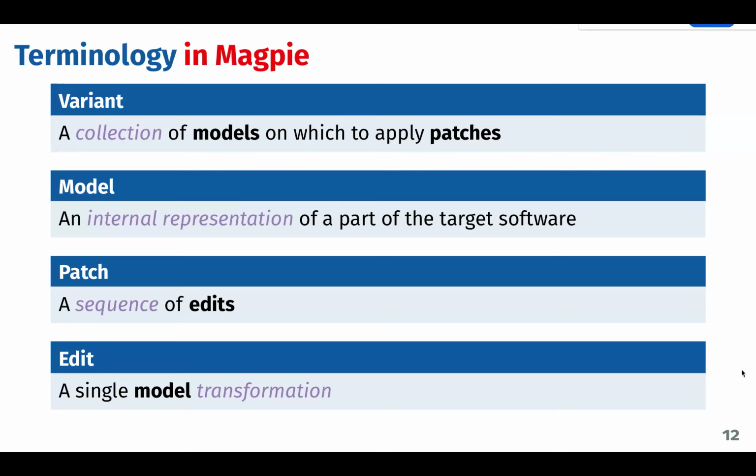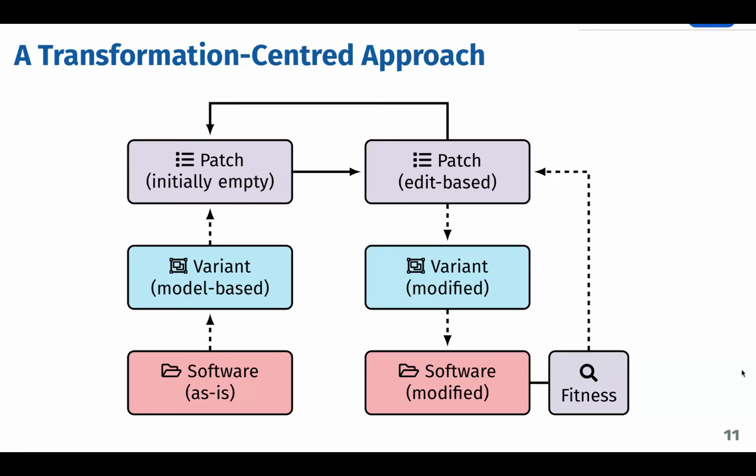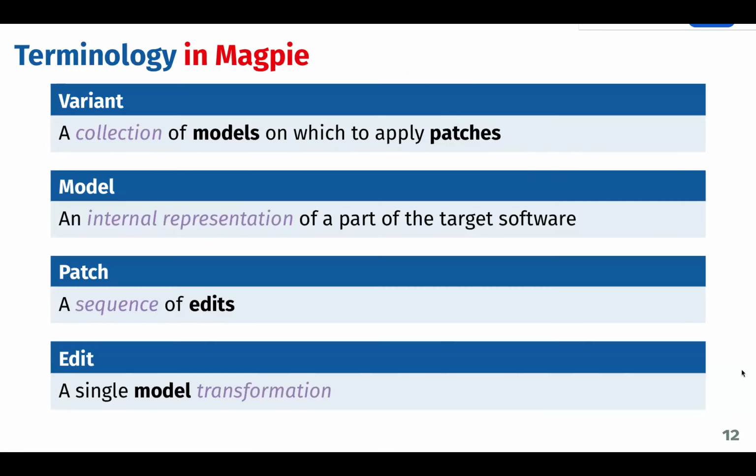A few words on terminology, on internal terminology in Magpie and in the rest of this presentation. I will call a variant a collection of models on which to apply patches. That was the middle layer in this graph. A model is an internal representation of a part of a target software.